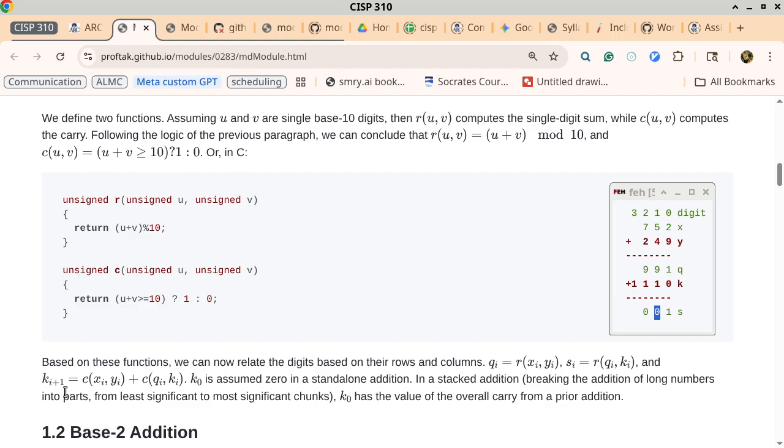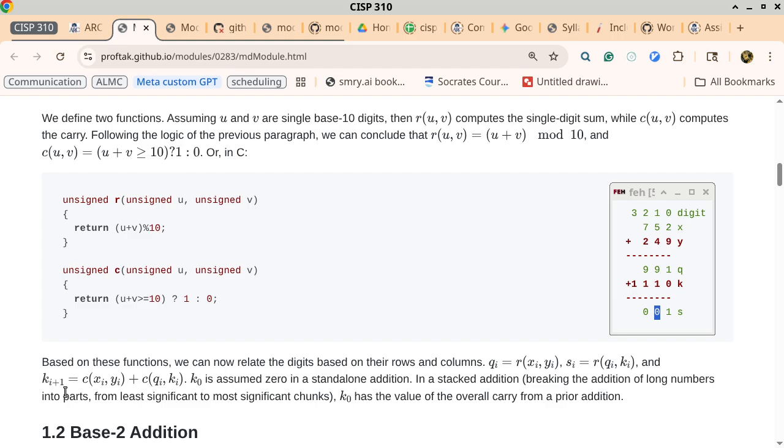So there are two ways to contribute to a carry of 1: you can end up with a carry of 1 because you add the x and the y, but you can also get a carry of 1 when you add the q and the k. Are we good so far? I'm basically rewriting the same kind of addition that you already know, except I just gave every digit a name and I'm defining how the digits relate to each other. Are we still good?